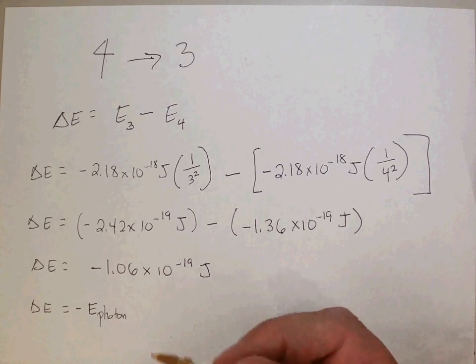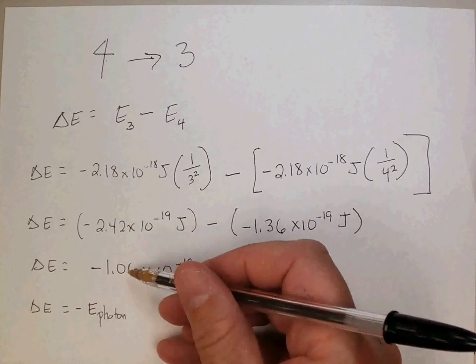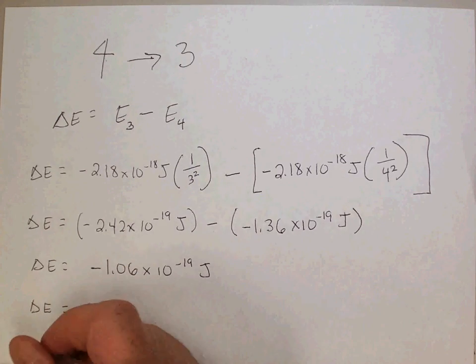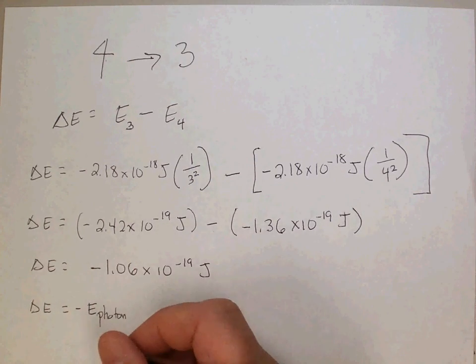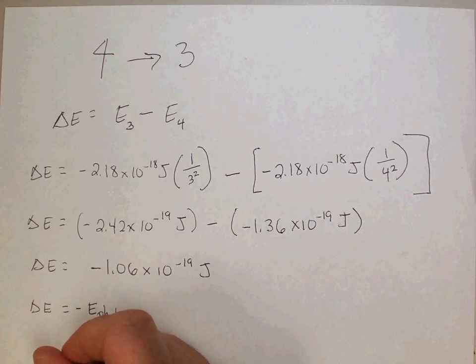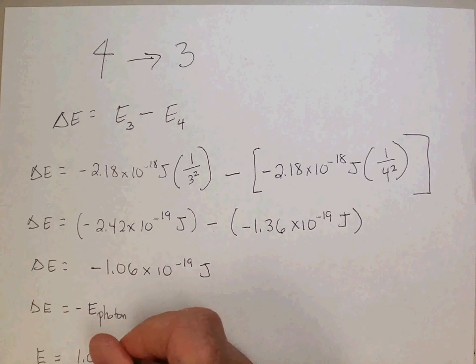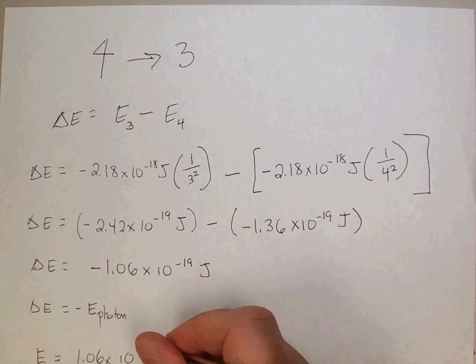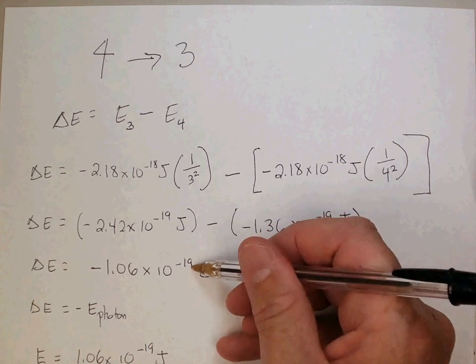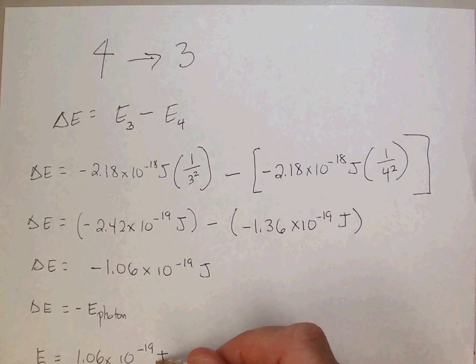So even though this is how much energy is lost, the energy of the photon would be a positive number. So when we're actually calculating the wavelength, we're going to say E of the photon is equal to 1.06 times 10 to the negative 19 joules. This is how much energy was lost. This is how much energy the photon has.